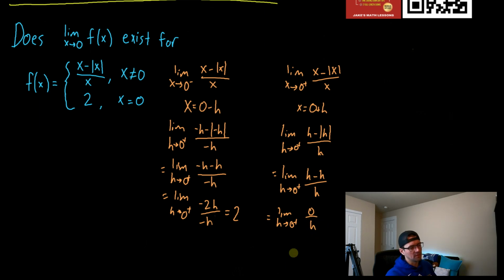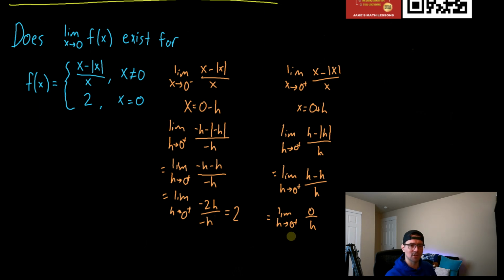And now this is where it's kind of weird. We don't really want to think about this as just plugging in 0 for h, because if we think about it that way, we're basically getting 0 over 0, which is undefined. That doesn't really work. However, what we essentially have here is a fraction where the numerator is 0, the denominator is some very, very small positive number. It's true that h is approaching 0.